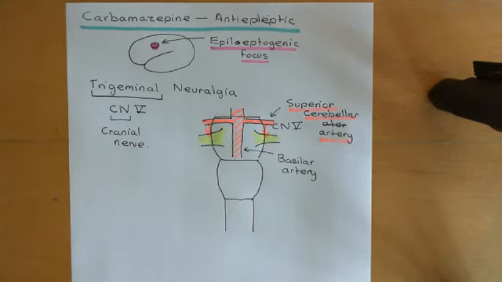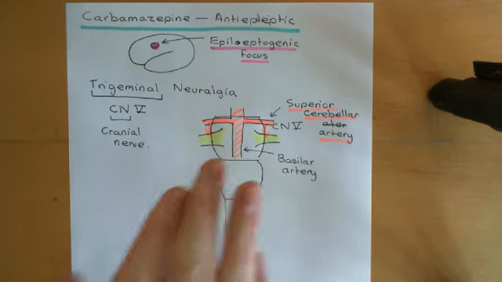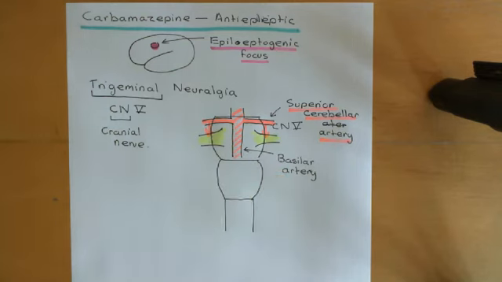Carbamazepine is very effective in treating trigeminal neuralgia, stopping these nociceptive afferents, which are firing spontaneously due to this compression that has damaged them, from firing so rapidly. Its mechanism is stopping neurons that are firing too rapidly, and it uses the same mechanism that we discussed for the local anaesthetics.